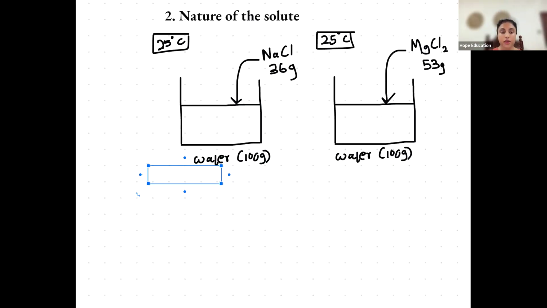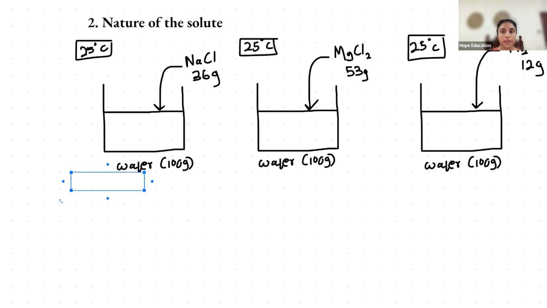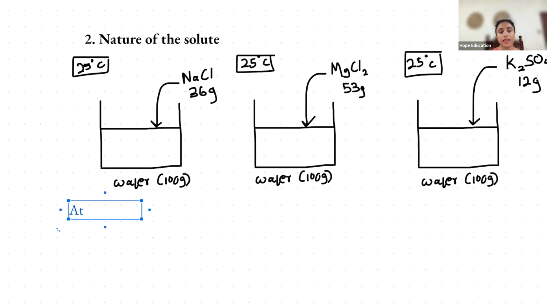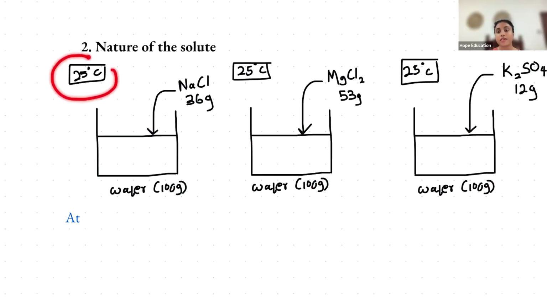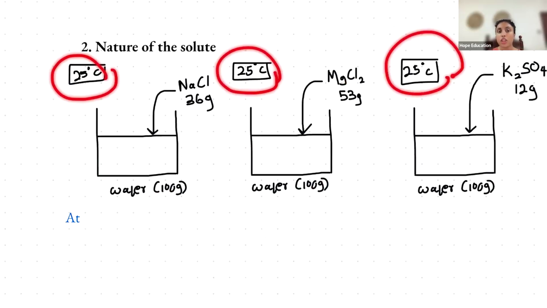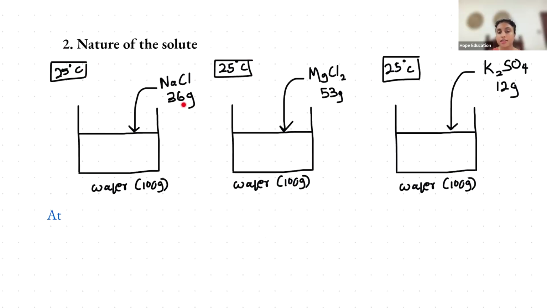Explain it again? Yes, for sure. Here we can see it's the same solvent: water 100 grams, water 100 grams, water 100 grams. And the same temperature, 25 degrees Celsius each. Yet the solubility is different: here 36 grams, here 53 grams, here 12 grams.